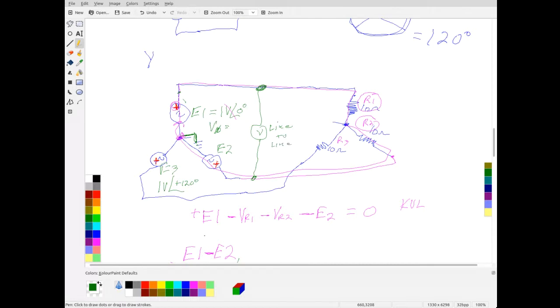And I measure the voltage from line to line, and from one line to ground, for one line to ground was 1 volt. Line to line is going to be square root of 3 bigger than that, and it's going to be at a phase angle of plus 30 degrees.